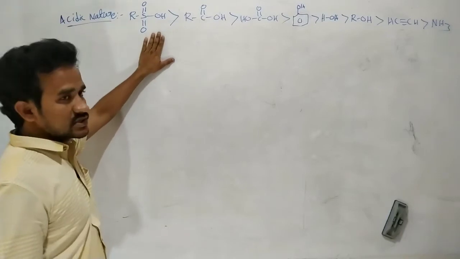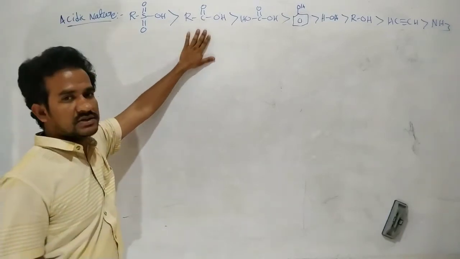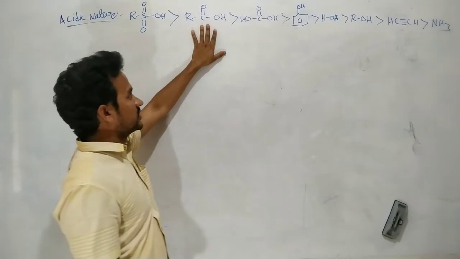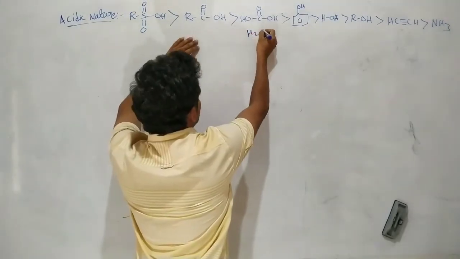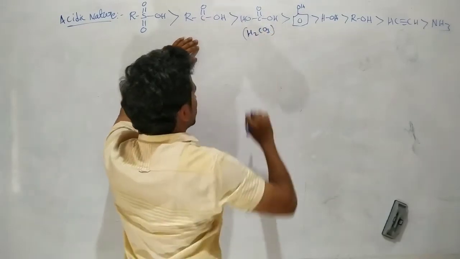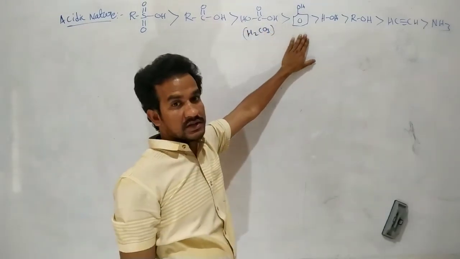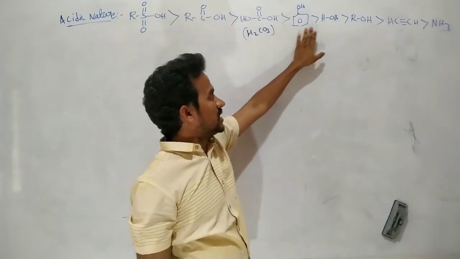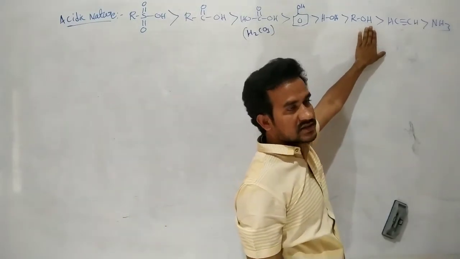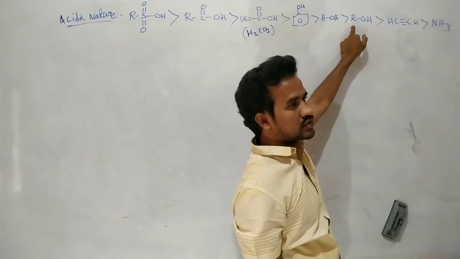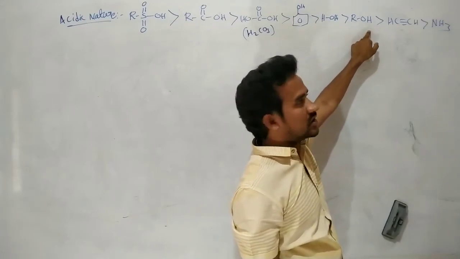Sulfonic acid is more acidic than carboxylic acids, and carboxylic acid is more acidic than carbonic acid, H2CO3. Phenol is less acidic than carbonic acid, and water is more acidic than that. Alcohols are weaker acids because the alkyl group is a plus I group, and the plus I effect decreases the acidic nature.